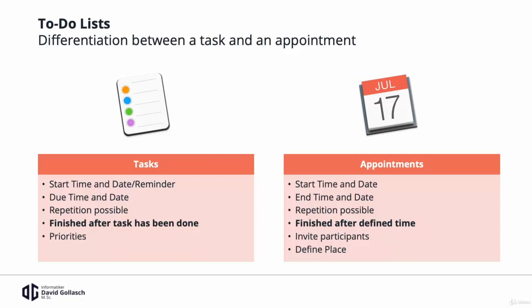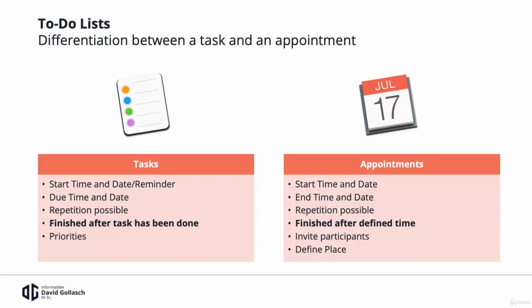Most tools for managing tasks and appointments both support recurring events and recurring tasks. So a repetition of those tasks and appointments on a planned basis is possible in most cases.